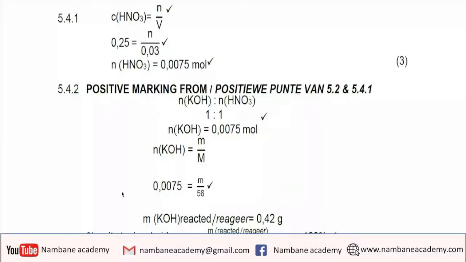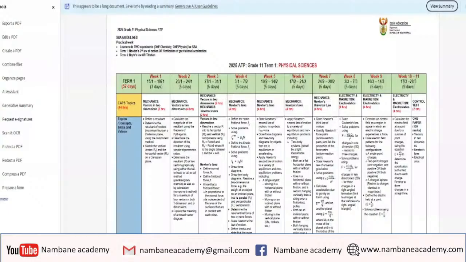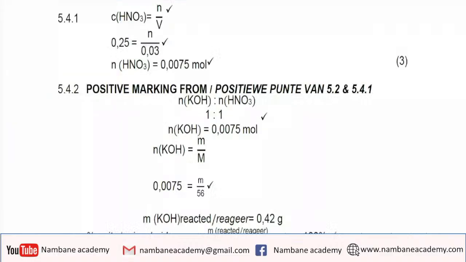And then the substitution into that formula, 0.25 for concentration, the n is still unknown, and the volume that has been converted as 0.03. That will be the second mark. And then the third mark will be awarded for calculating correctly 0.0075 mol. So that is what they are getting for 3 marks.